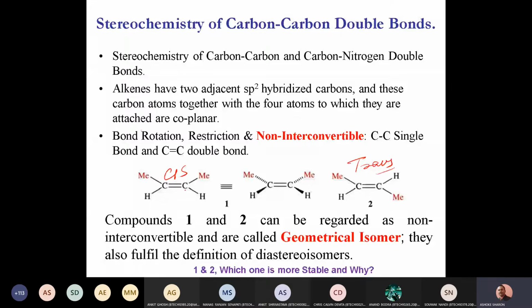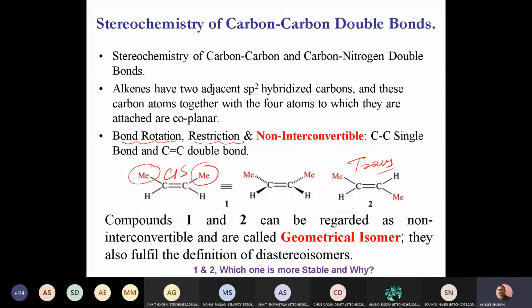It is easy to say cis-trans because only two groups are here. Alkenes have two adjacent sp2 hybridized carbons, and these carbon atoms together with the four atoms they are attached to are coplanar. Bond rotation restriction makes these two compounds different.